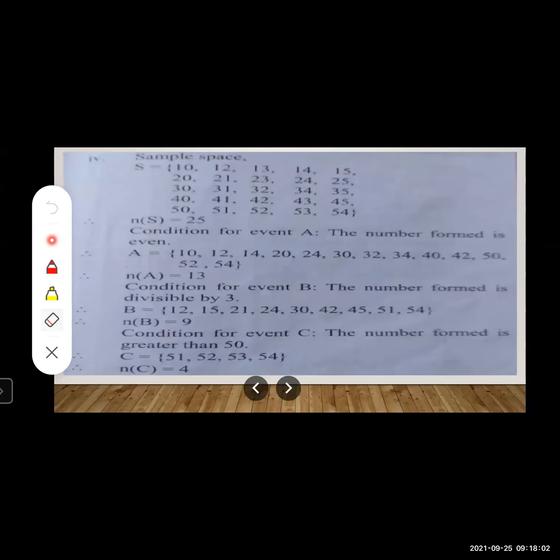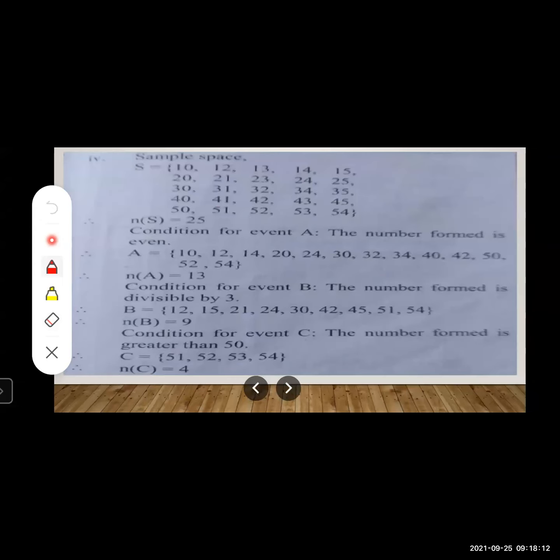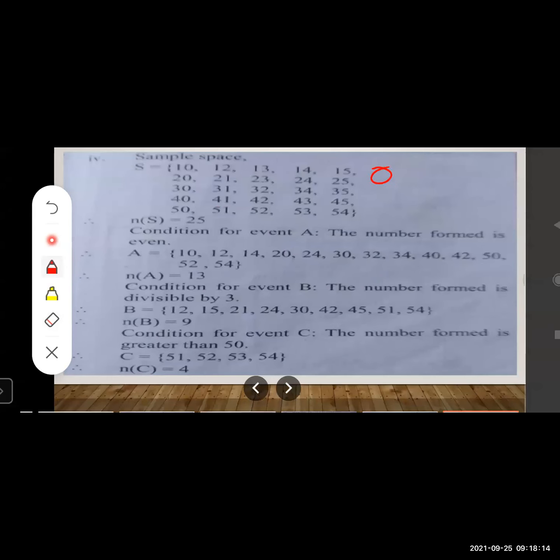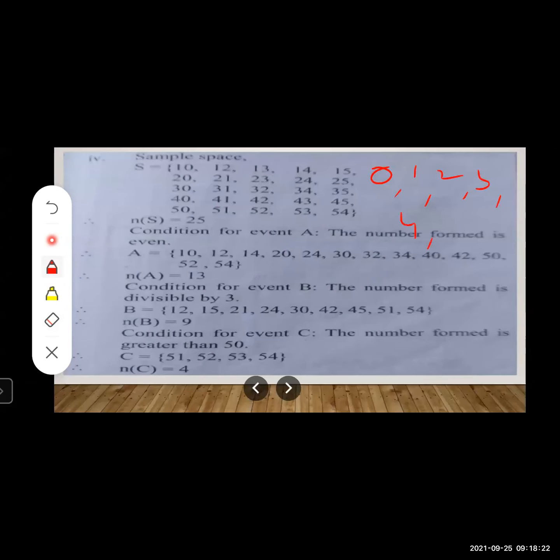Now what are we writing? First of all, we will see which digits: 0, 1, 2, 3, 4, 5. I'm writing this. So first of all, how will we write this?